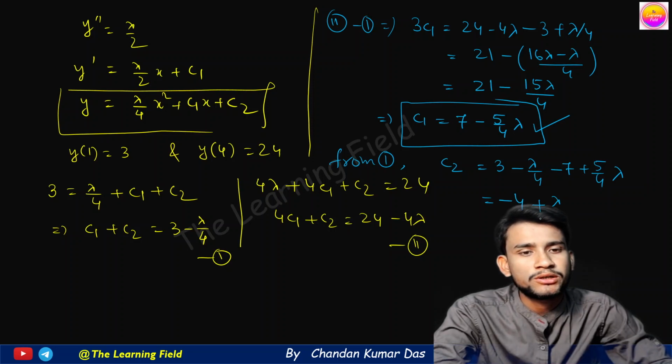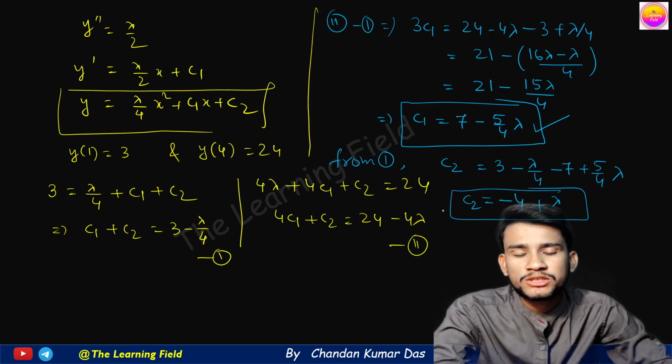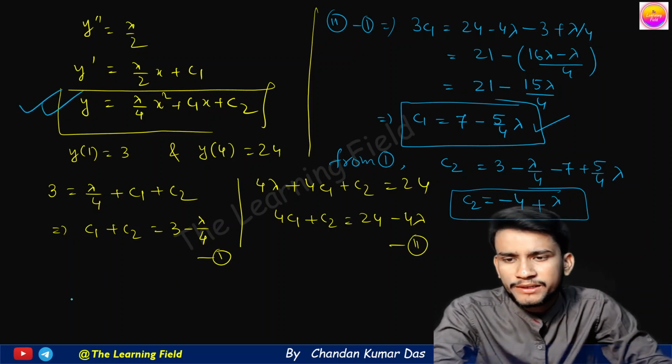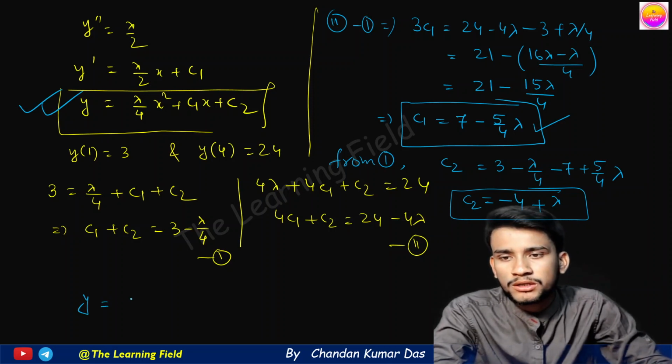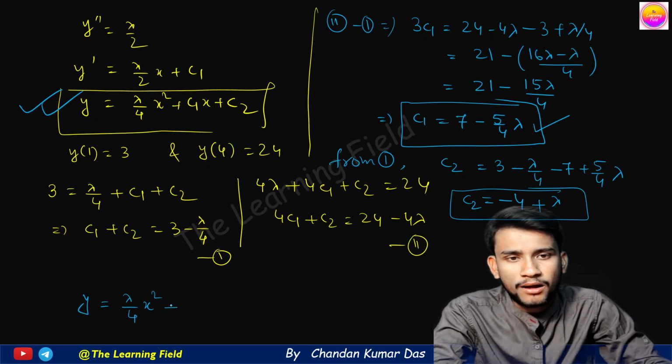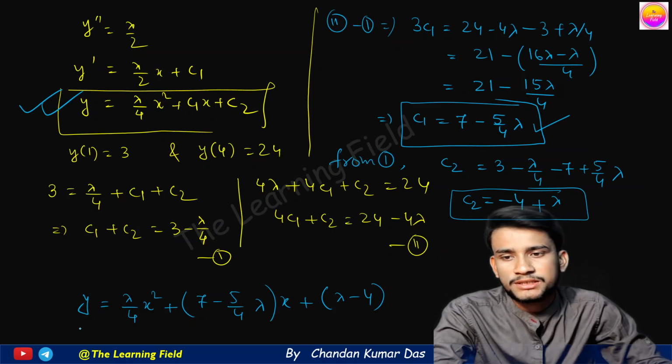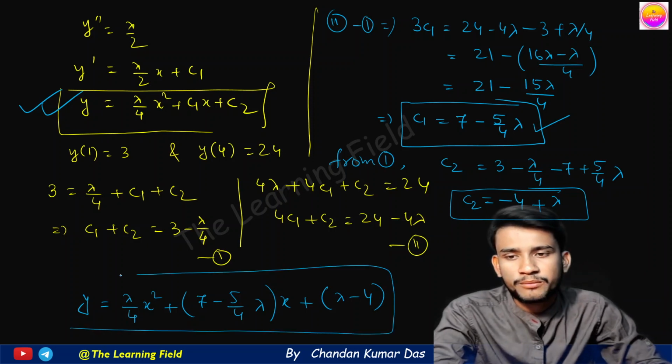So c2 is equal to minus 4 plus lambda, and we get the values of c1 and c2. Now we put these two values in the equation, so y is equal to lambda by 4 x square plus 7 minus 5 by 4 lambda into x plus lambda minus 4. So this is the value of y in terms of lambda.